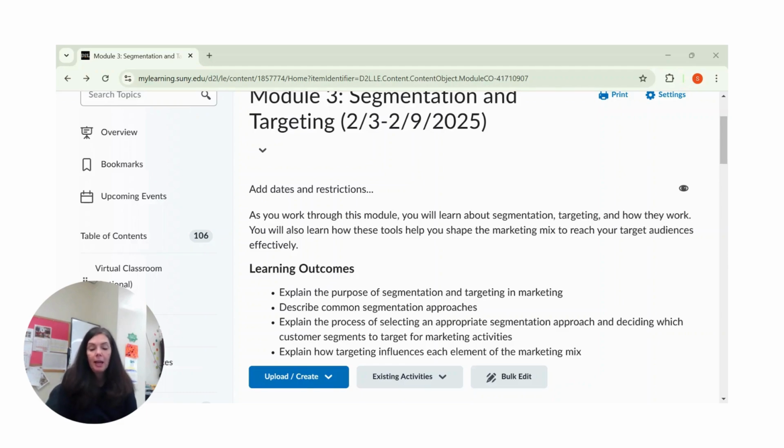Criteria of a market when we are trying to determine how to segment that. So there has to be a true need and want for the market. These are the criteria that you really need to use when you're trying to determine how to segment. So there is a need out there. It has to be recognized.